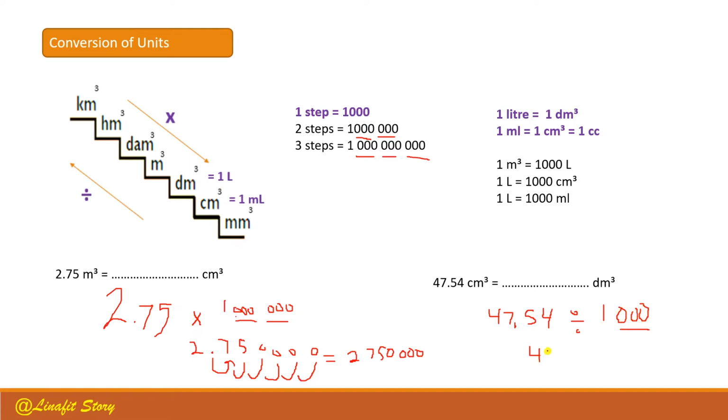So 47.54 divided by 1,000. How many zeros are there in 1,000? There are 3 zeros. So move 3 steps to the left. 1, 2, 3. So the answer is equal to 0.04754.